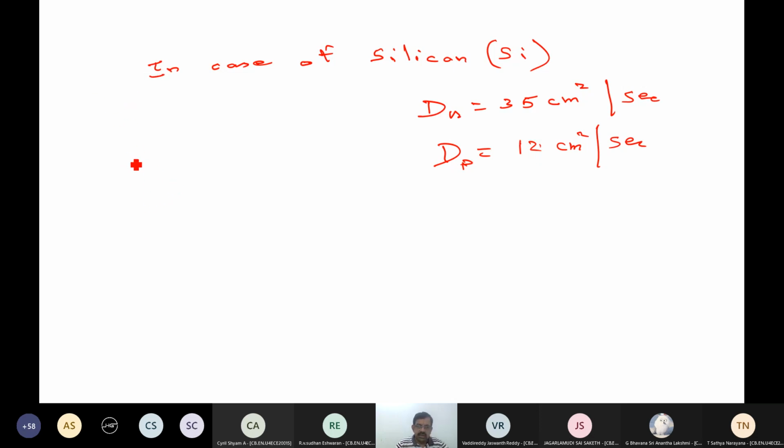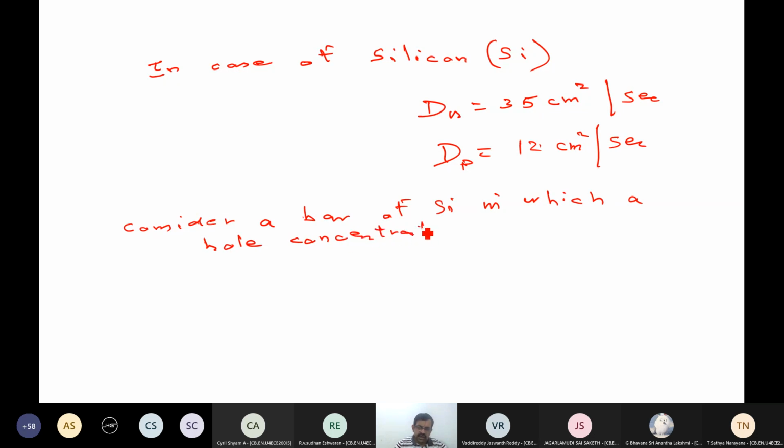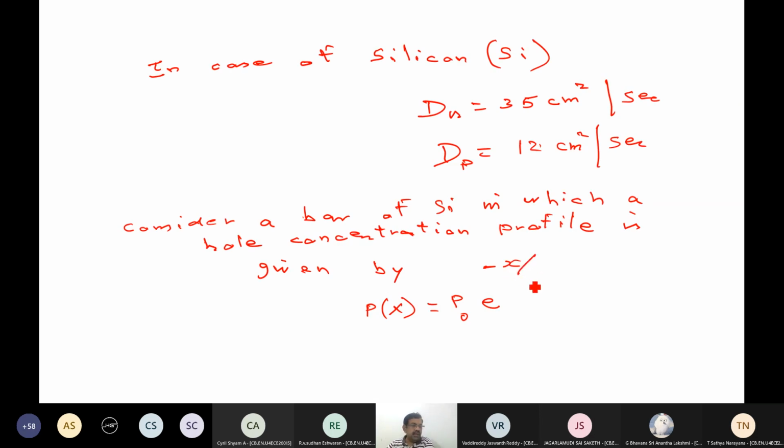Consider a bar of silicon in which a hole concentration profile is given by P of x equal to P naught e power minus x by LP.